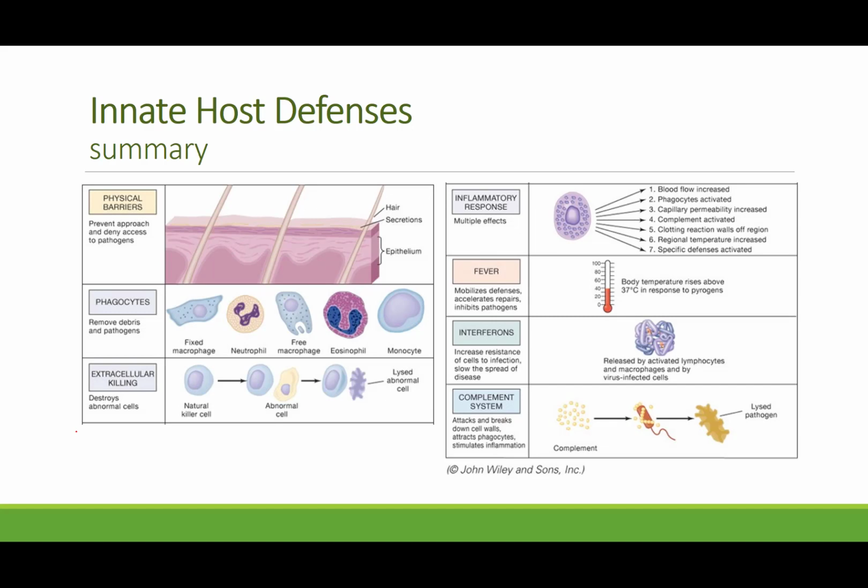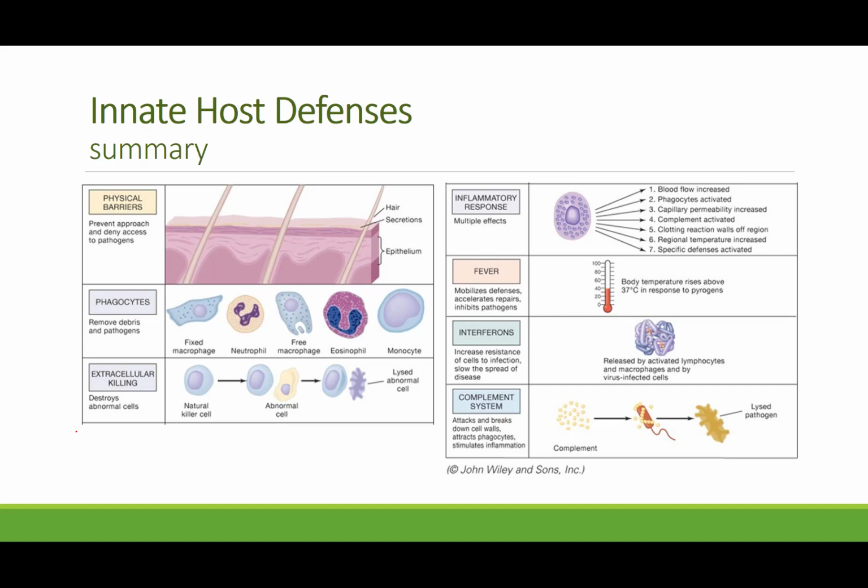Then there are the white blood cells that perform extracellular killing, like the natural killer cells do. There's the inflammatory response and all of the effects that it has of bringing more blood to the area, stimulating phagocytosis, causing localized warming, the heat increase, and so on.